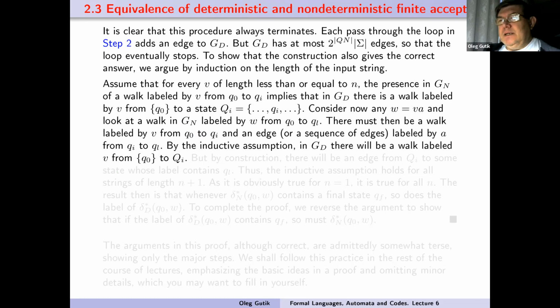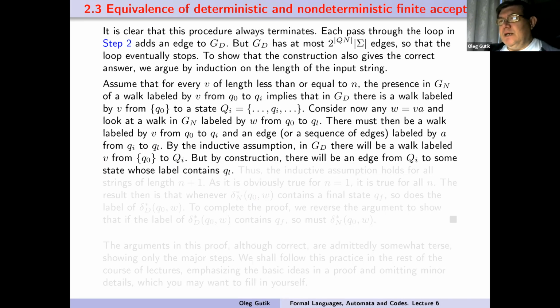By the inductive assumption, in the graph GD there will be a walk labeled by the word v from the state {Q0} to the state whose label contains Qi.